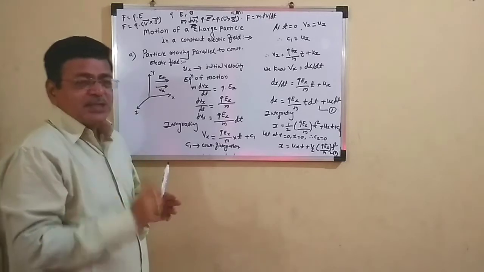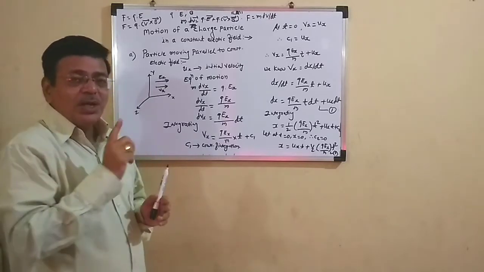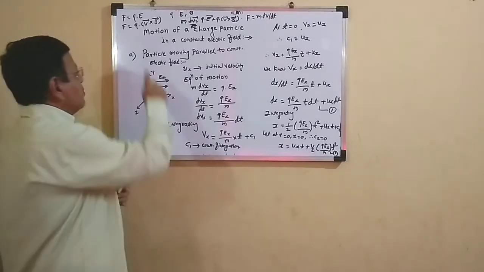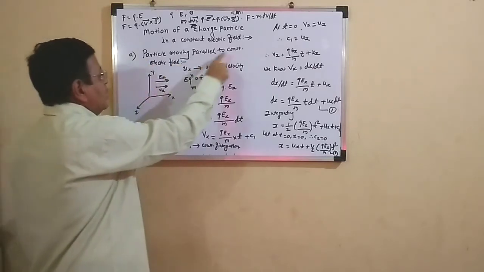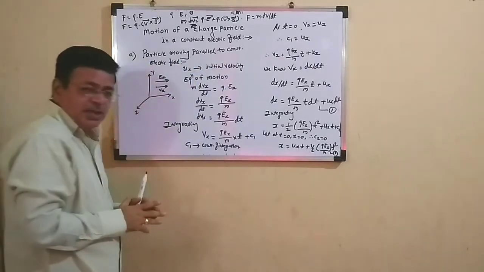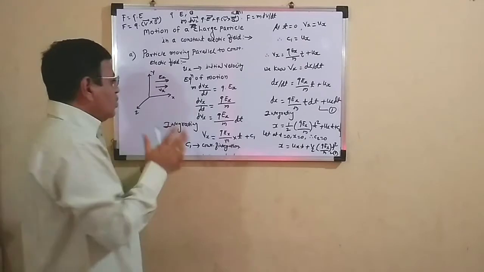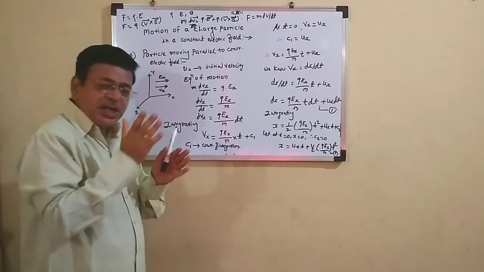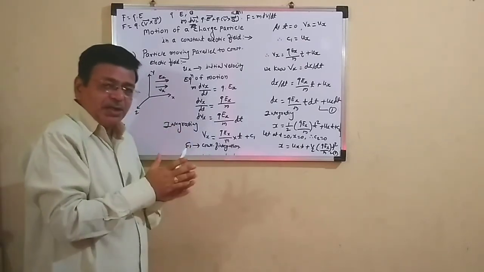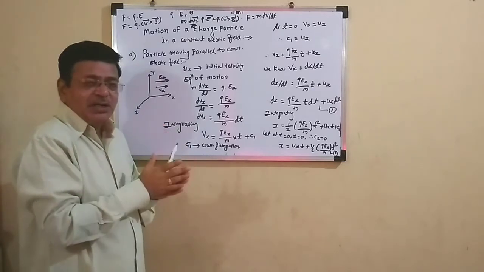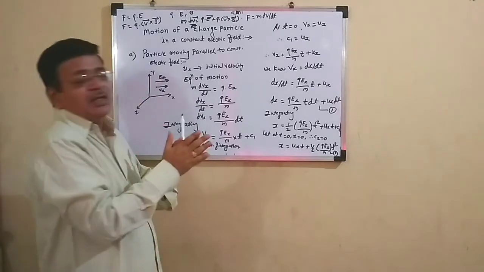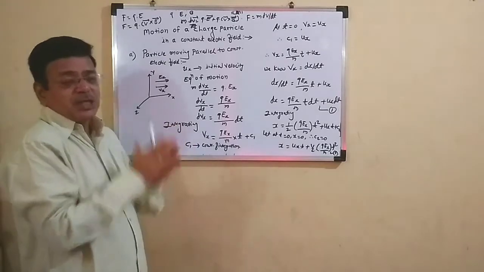Out of these two cases, we consider first the particle moving parallel to the constant electric field. It means that we subject the charged particle to an electric field which is parallel to the velocity of the charged particle.